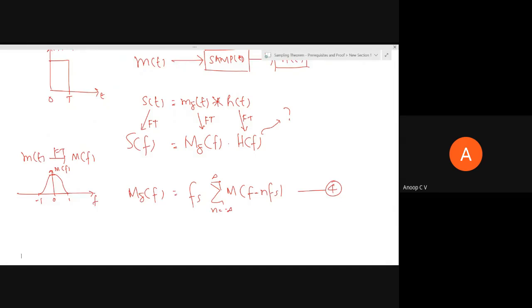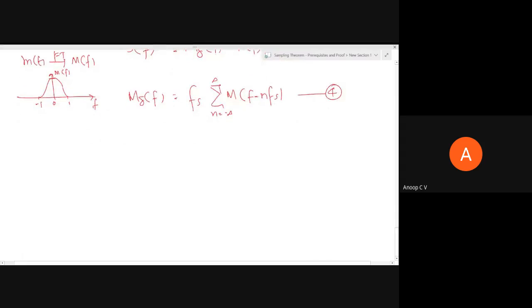For that, we know what h of t is. Our h of t is 0 to T, and the magnitude is 1. But we do have a standard result.